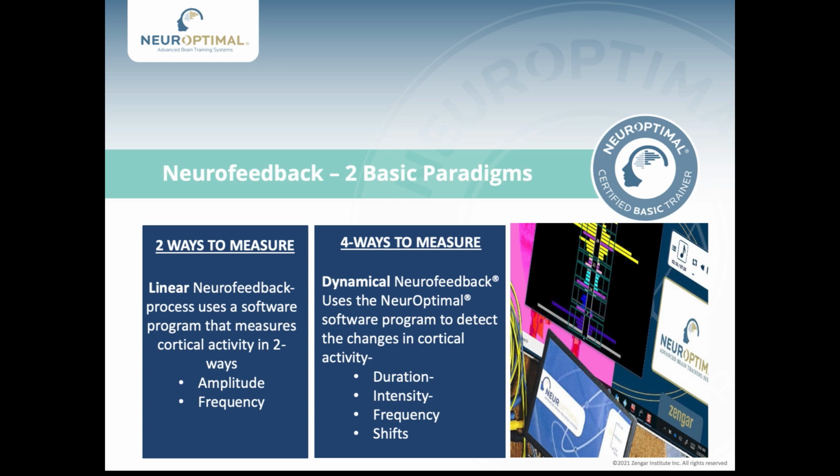Whereas the dynamical neurofeedback is going to measure it in four ways. We're looking at that duration, how long that frequency lasts. We're looking at the intensity, how strong is that frequency. We're measuring the frequency itself. Is there like a wobble to that frequency?